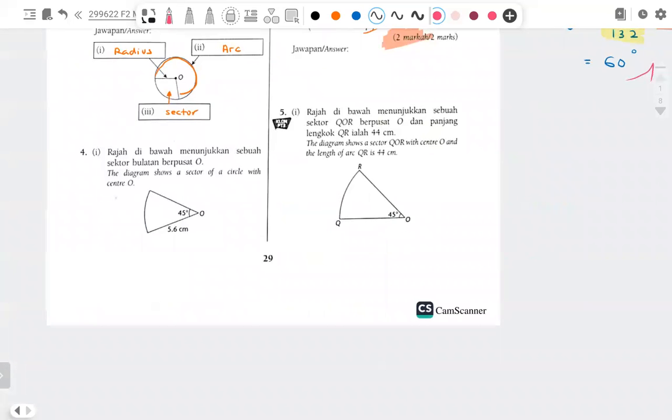Number 5, the diagram shows a sector QOR with center O, and the length of arc QR is 44 cm. So number 1 refers to the length of arc QR. Q to R, the arc is 44 cm. Then what's the question?